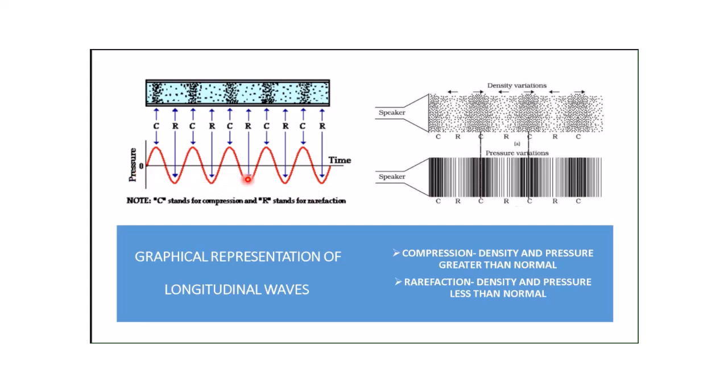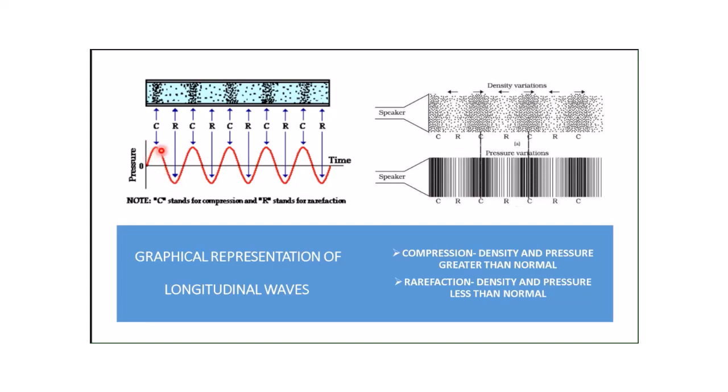The horizontal line represents the normal pressure of the air, that is the atmospheric pressure. All the points above this line represent greater pressure, and below this line lower pressure than the normal atmospheric pressure.